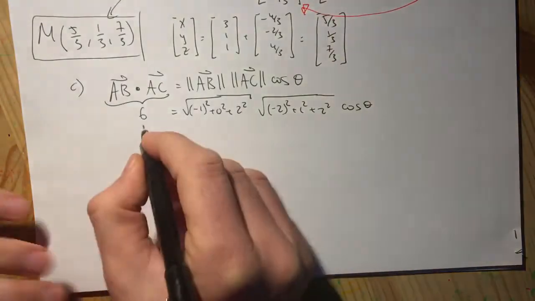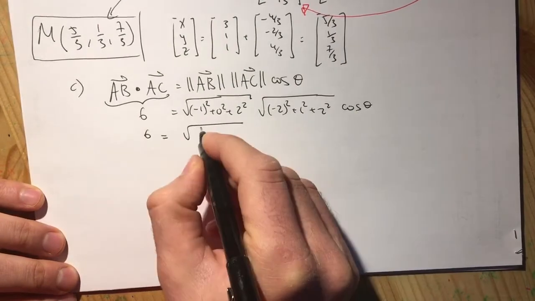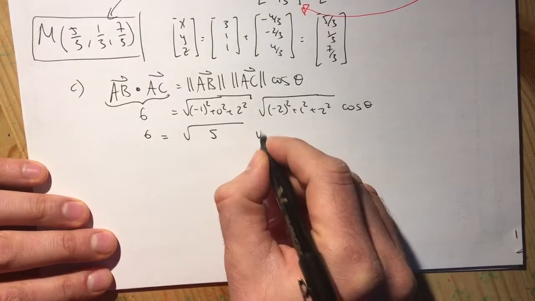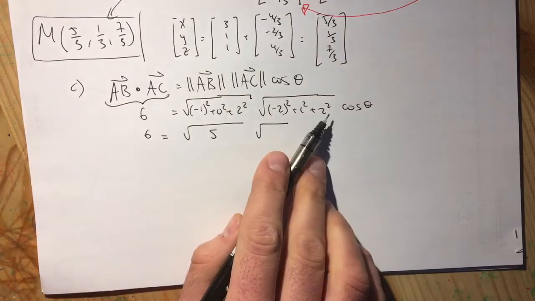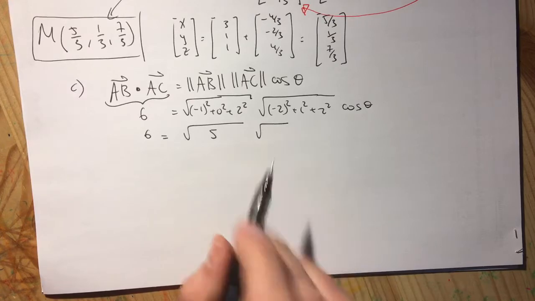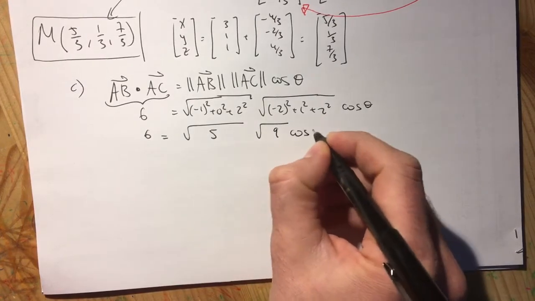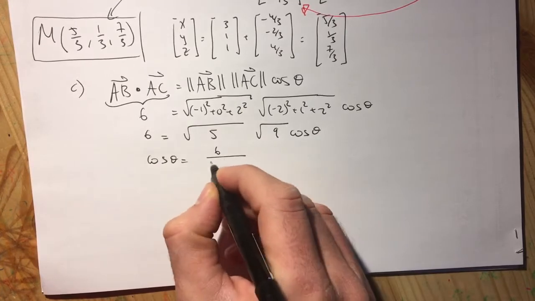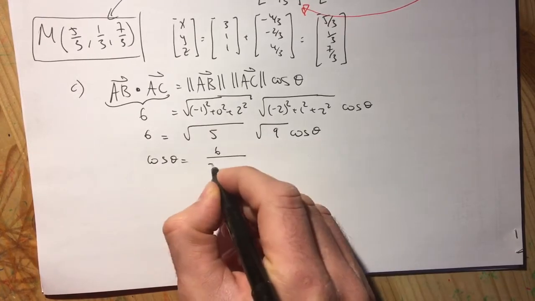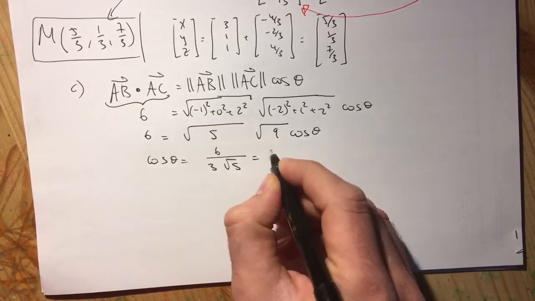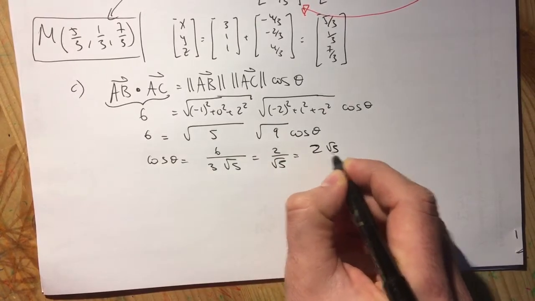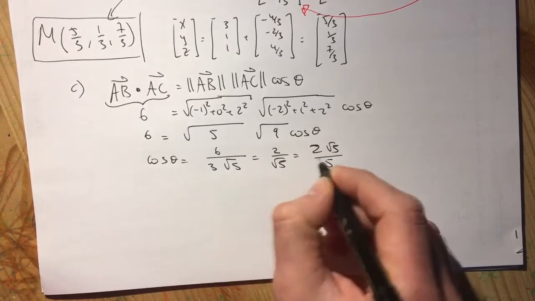So we have 6 is equal to, 1 plus 4 is the square root of 5, times the square root of 4 plus 4 is 8 plus 1 is 9, cosine of theta. So cosine of theta is equal to 6 over the square root of 9, which is 3, times the square root of 5, or that's 2 over the square root of 5, or 2 times the square root of 5 over 5. These are identical expressions.